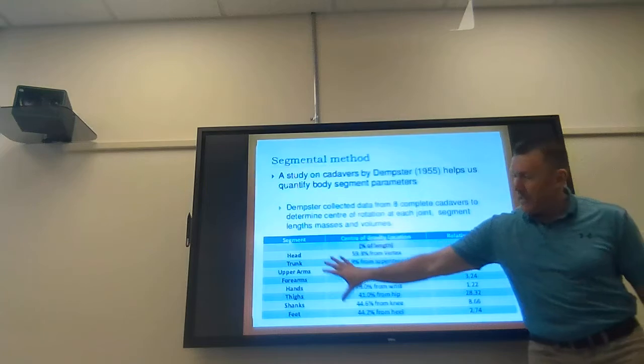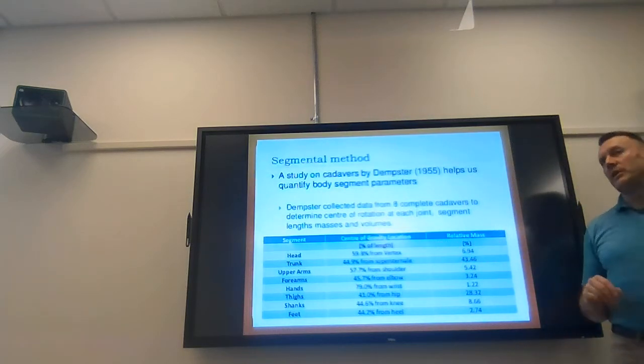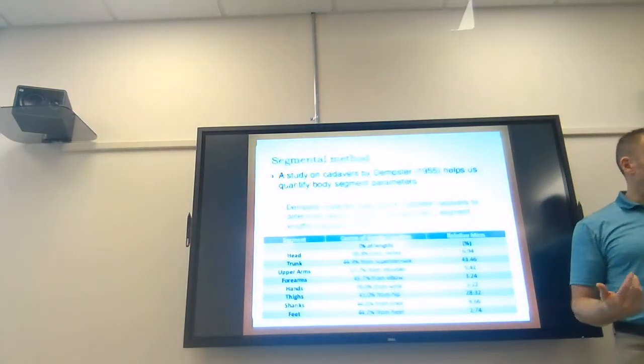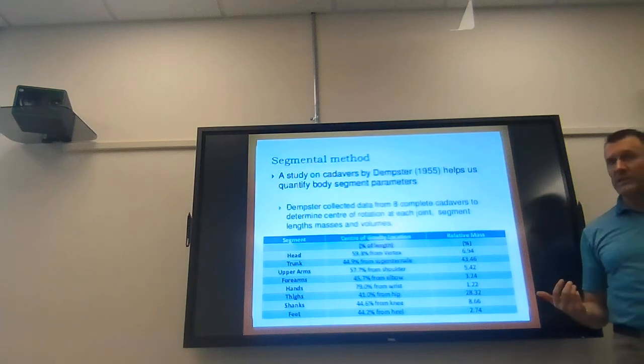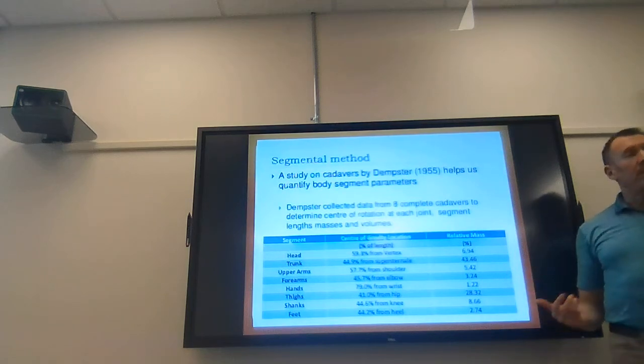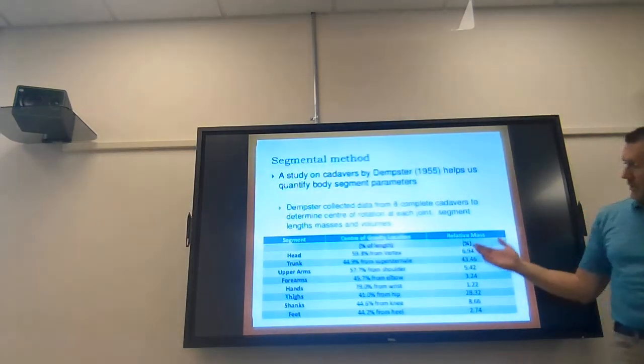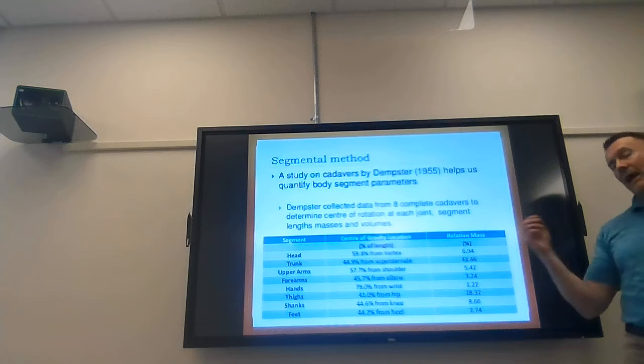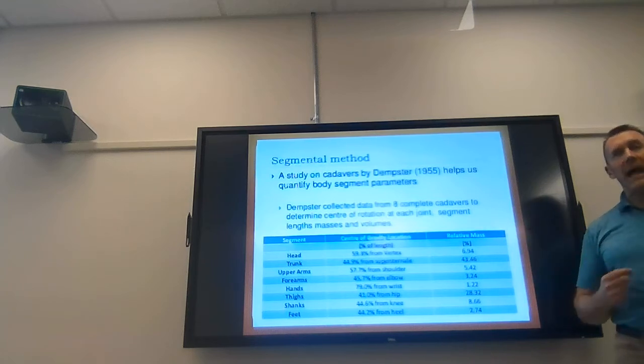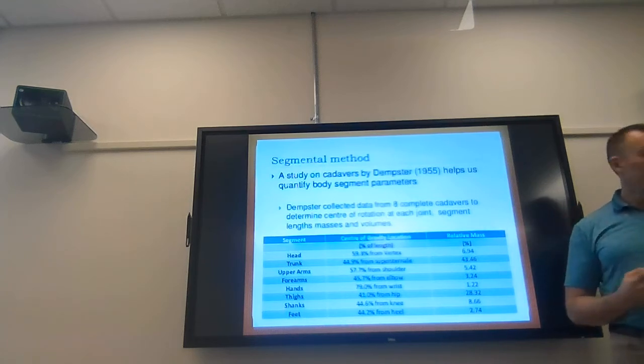So this is really great information because if you're doing a scientific study and you really want to know what someone's lifting, they're lifting external weight, but they're also lifting their body weight. So you can use these estimates to figure out how much of someone's total mass they're actually lifting.